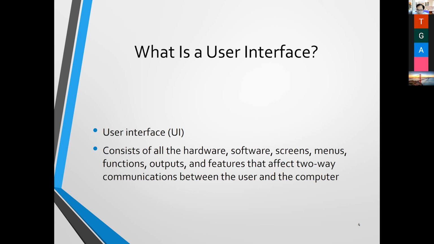User interface consists of hardware, software, screen, menu, functions, output, and features that affect the two-way communication between the users and the computer. If we are talking about mobile phones, the smartphone is the easiest example of good UI design.